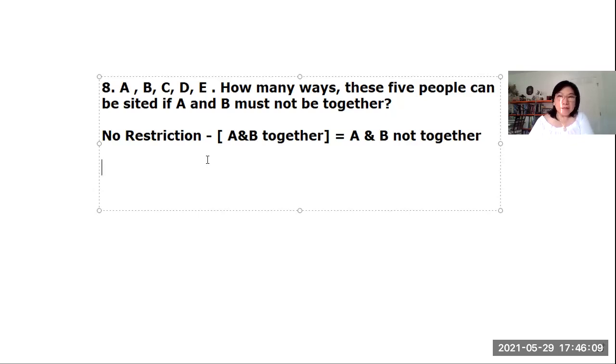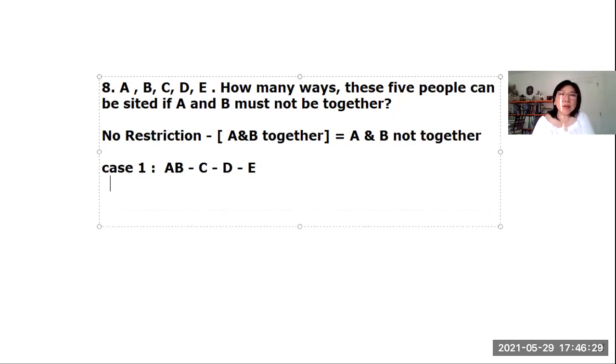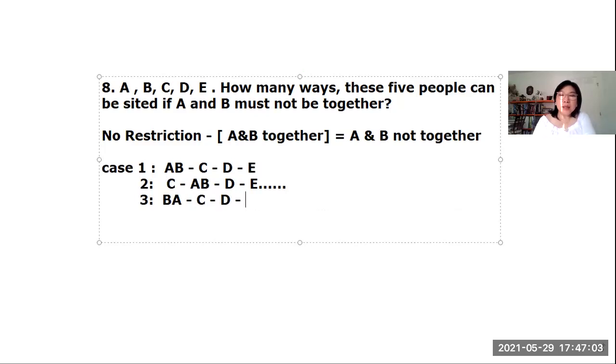So let's talk about A and B together first. Case 1 could be AB, then C, D, E. Case 2 could be C, then AB, then D and E. Case 3 might be the same as the first, but you swap them: B, A, then C, D, E, and so on.